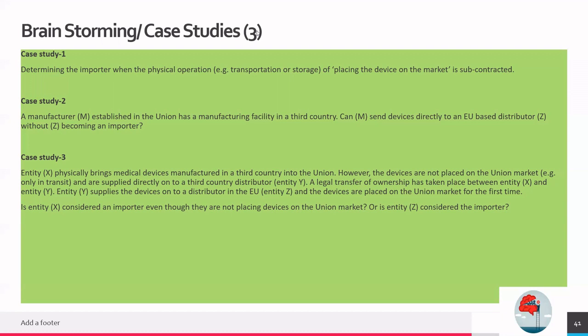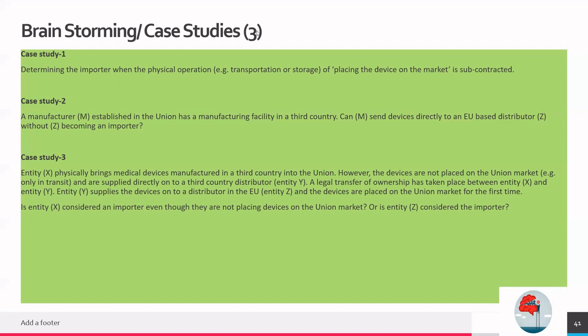The clear concept is, if a manufacturer is in Europe, the supply chain works like this: manufacturer, distributor, end user, or manufacturer to end user. If the manufacturer is outside Europe, the supply chain will work as manufacturer, importer, distributor, end user. Simple, right? Now we have case study 3.